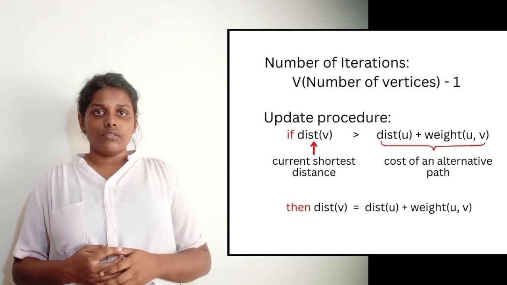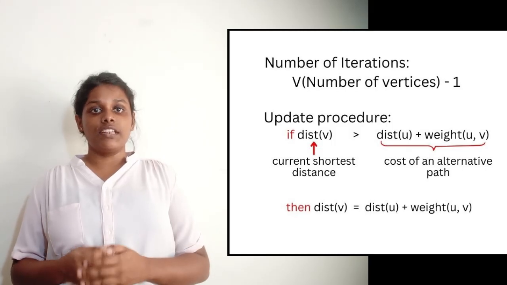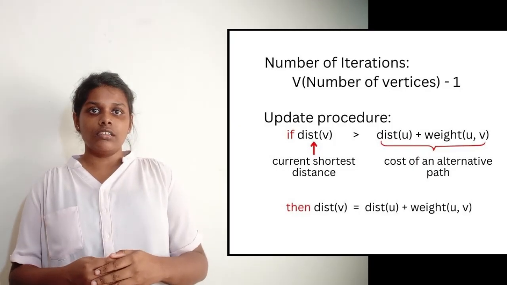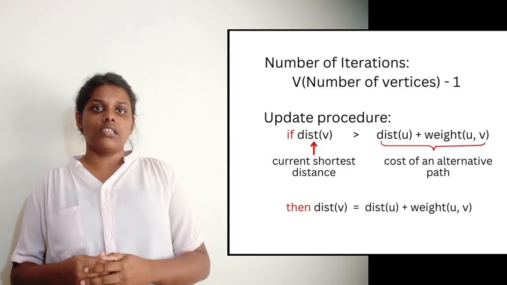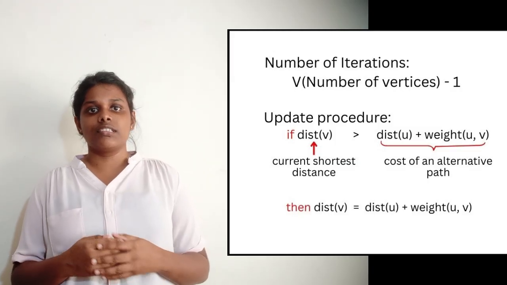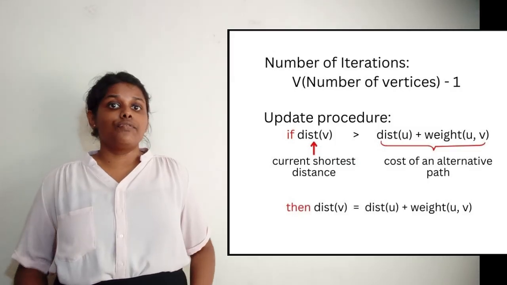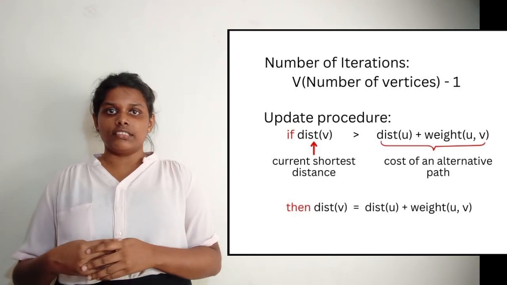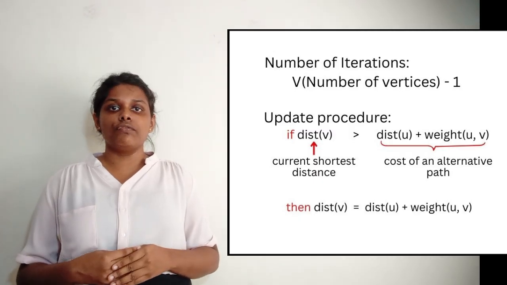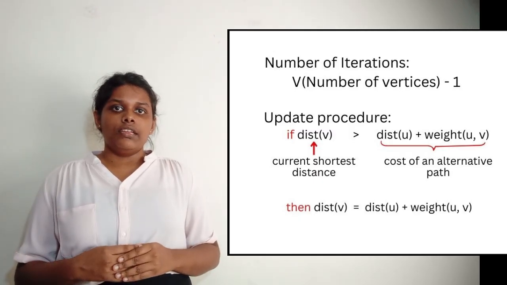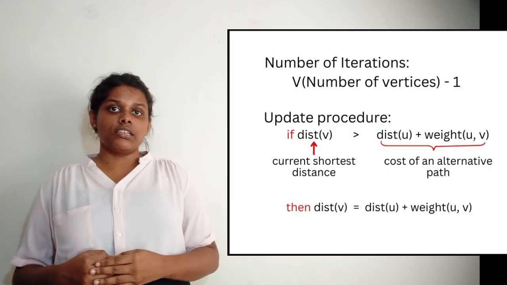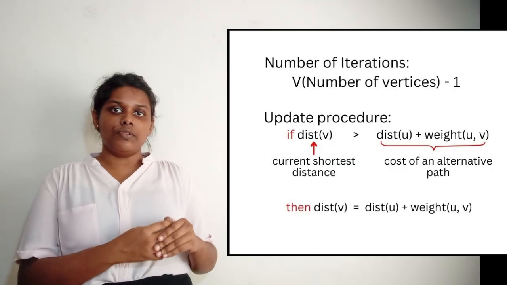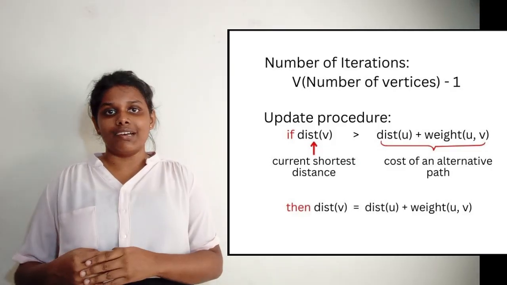And to calculate the number of iterations, we can use the V minus 1 formula, where V represents the number of vertices. In each iteration, we can update the current shortest path if distance V is greater than distance U plus weight of U to V, in which distance V represents the current shortest path and distance U plus weight of U to V represents the cost of another path.